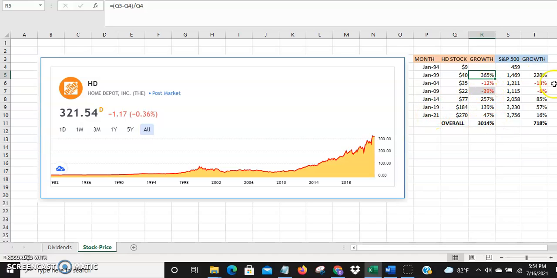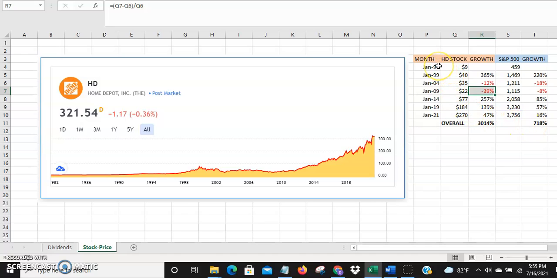Pretty much in all these 5-year periods it has beaten the S&P 500 index. Other than 2004 to 2009, when it lost 39%, whereas the S&P 500 lost 8%, mostly because of the housing crisis. It got a little slow, but overall, it has done a phenomenal return. So just to give you perspective, more than 80% of fund managers are not able to beat the S&P 500 index.